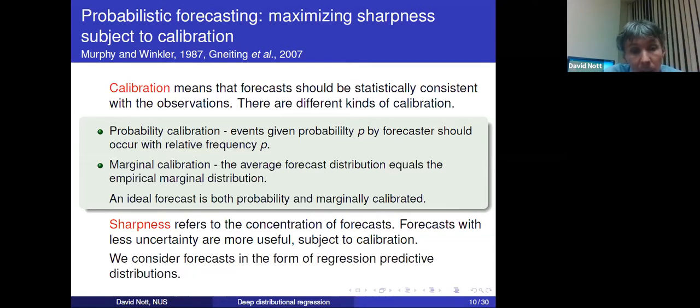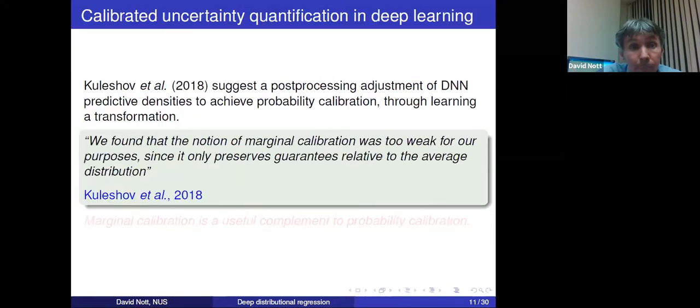A lot of this literature on probabilistic forecasting and calibration is in time series forecasting, but here we're considering forecasts in the form of regression predictive distributions. As I said, a lot of work on uncertainty quantification in deep learning has been concerned with achieving probability calibration. The method described in this paper is one that I'll benchmark against later.